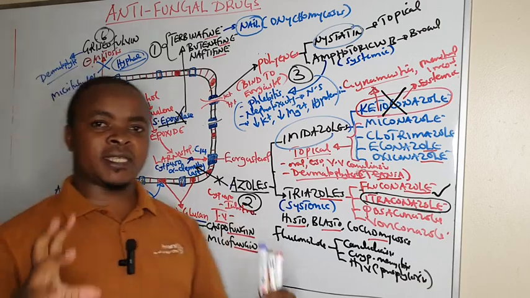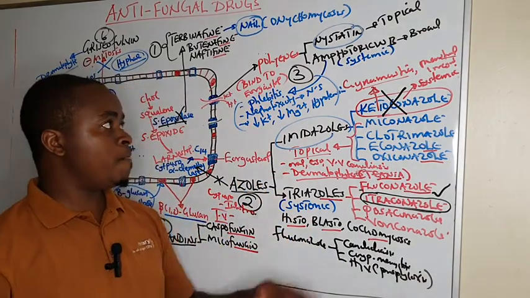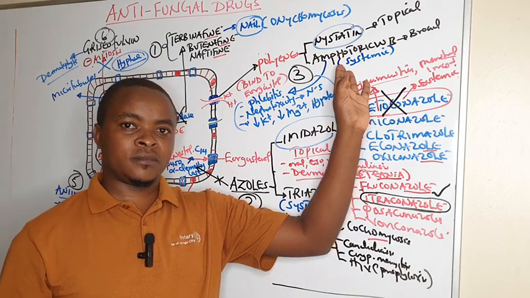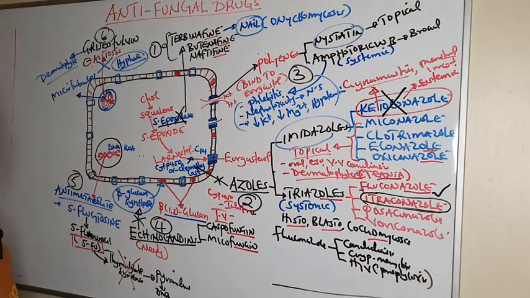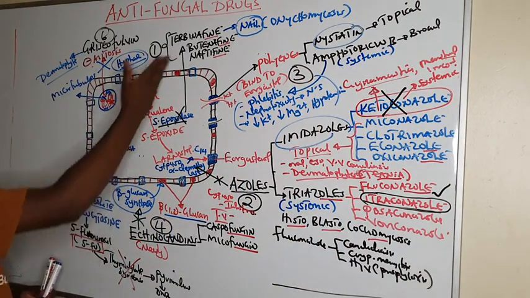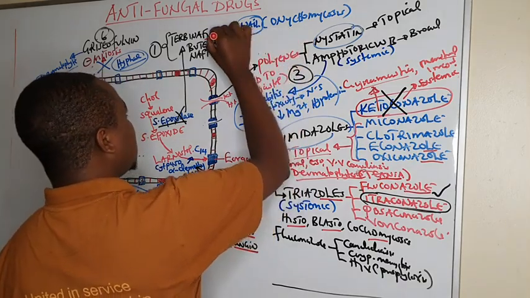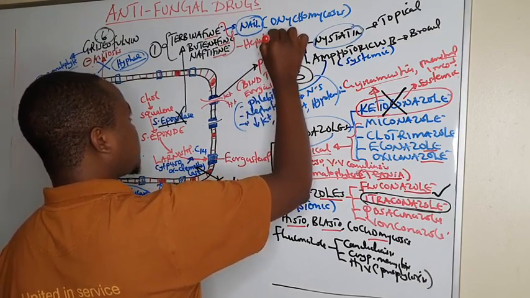That's why it is always a last resort in the treatment of resistant or severe systemic fungal infections, due to its high side effects. Then terbinafine, its side effect is hepatotoxicity. These ones can cause hepatotoxicity.